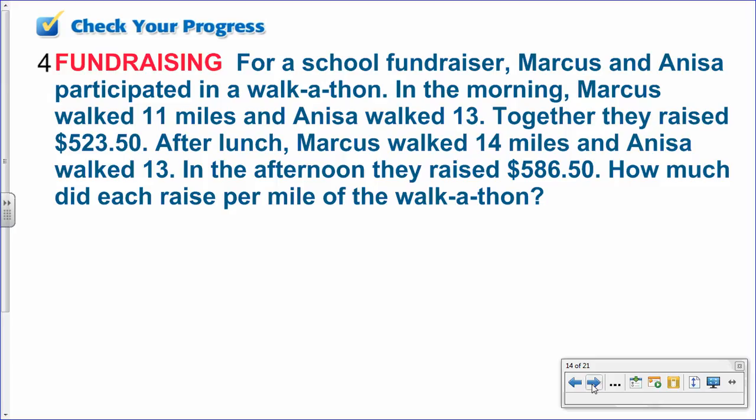After lunch, Marcus did 14 and Lisa did 13 again, and in the afternoon they raised 586.50. Those are your two equations, right? Got it?